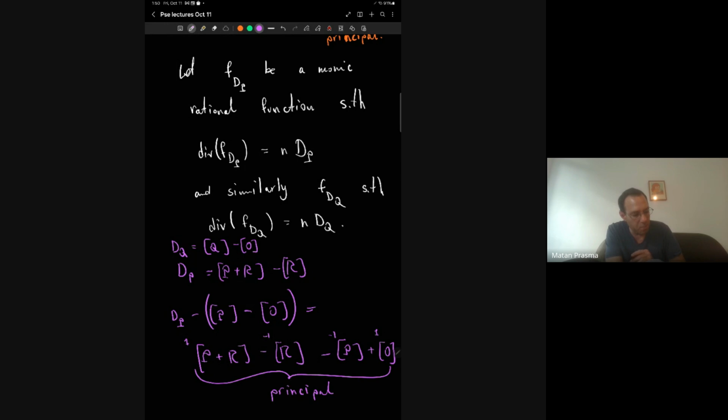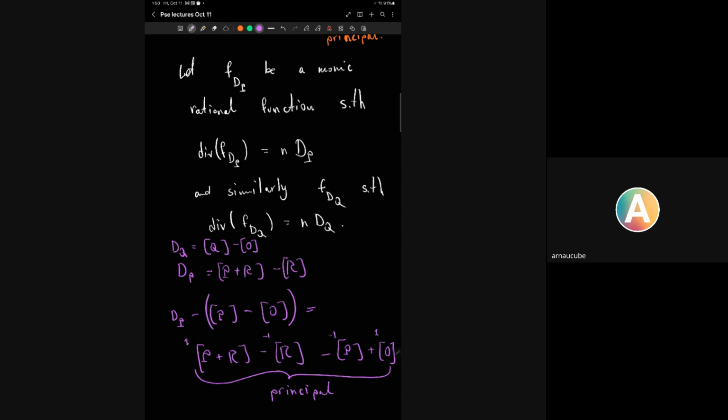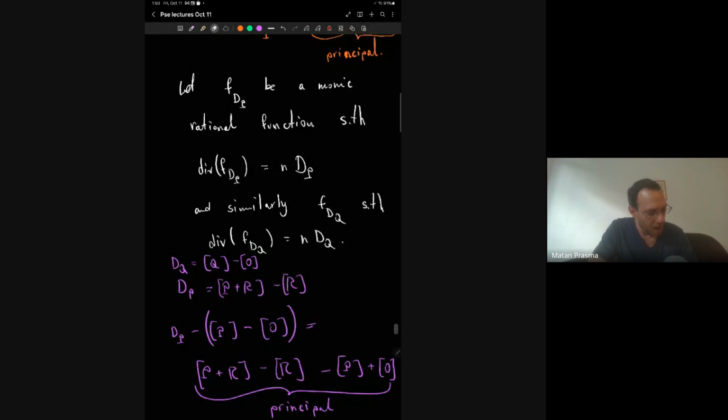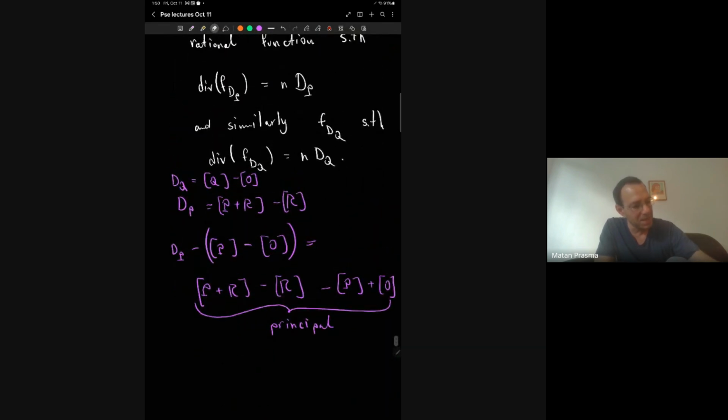And if you sum all the points, you also get 0. Nice. So you see what I did here: in order to satisfy both conditions, I can take one of DP and DQ to be either P minus O or Q minus O, but the other one I need to shift by something.